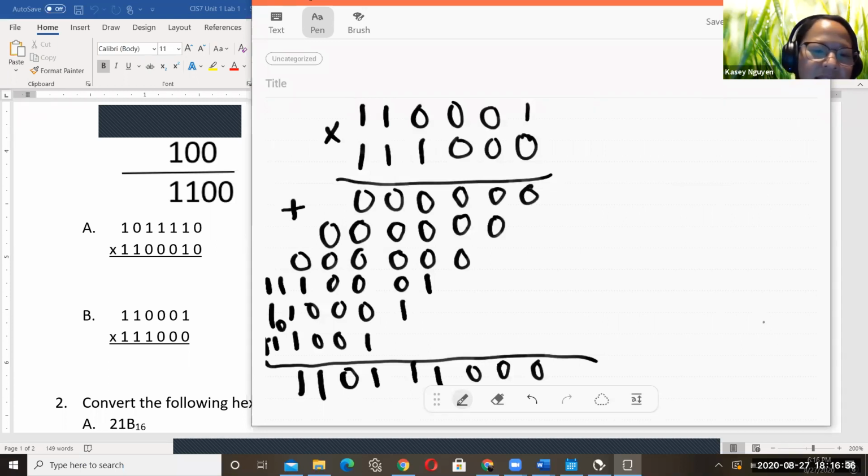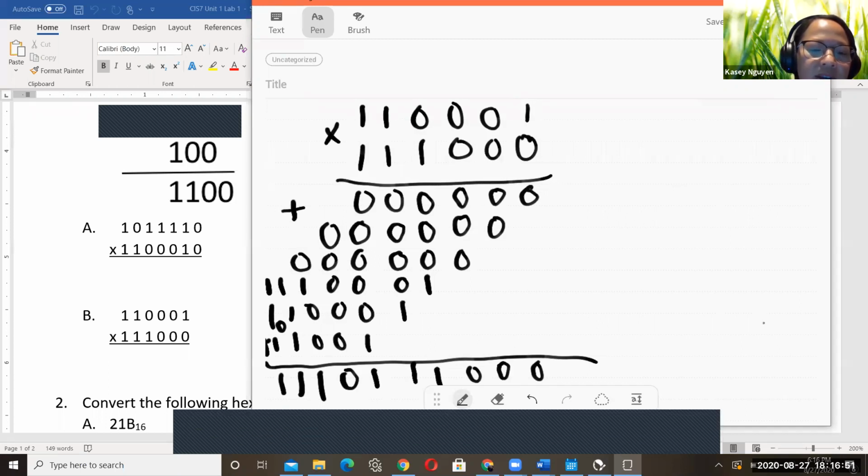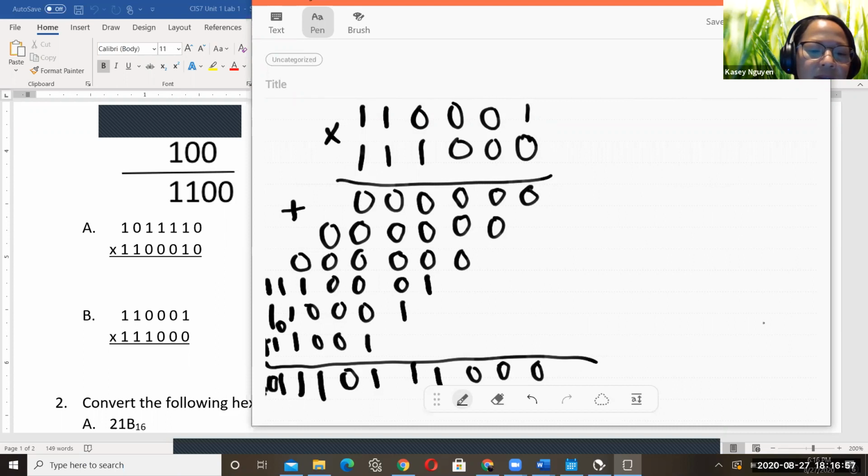Then you would take that carry and add it with the top one here. So a 1 with a 1 is a 0 again with the carry, and a 0 with a 1 is a 1. So you have another carry to the top left here. So this should give you a 0 and a 1 in the front. Sorry, I ran out of room there.